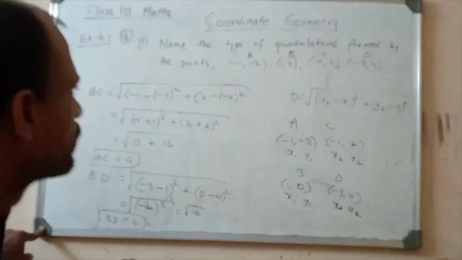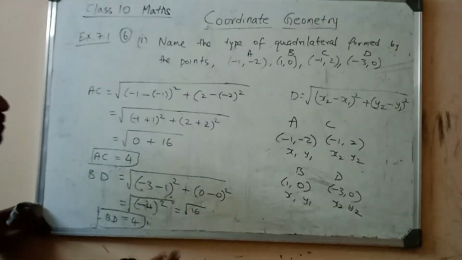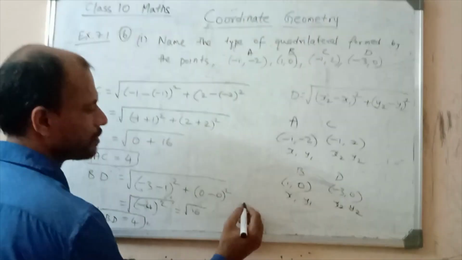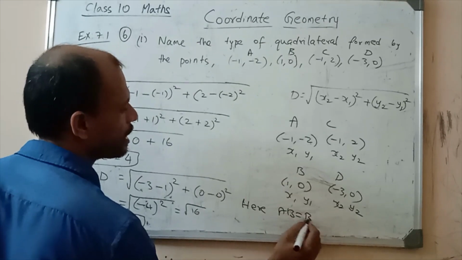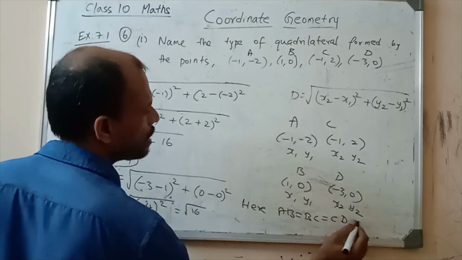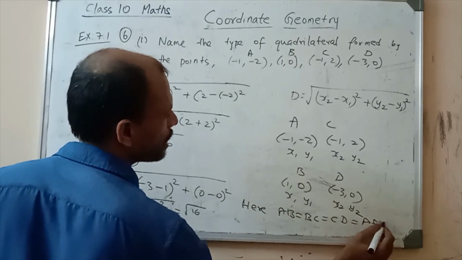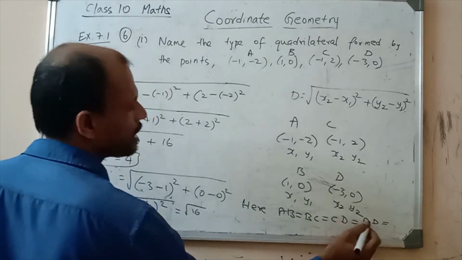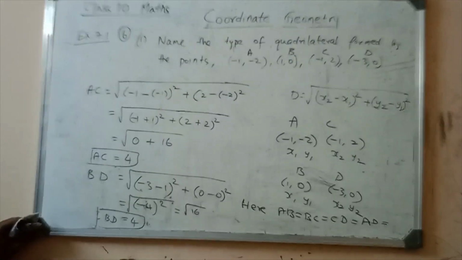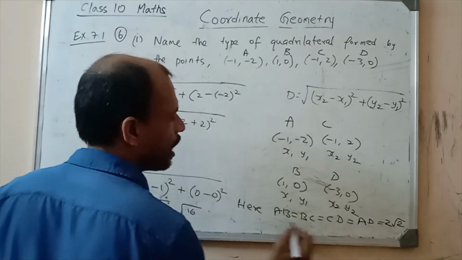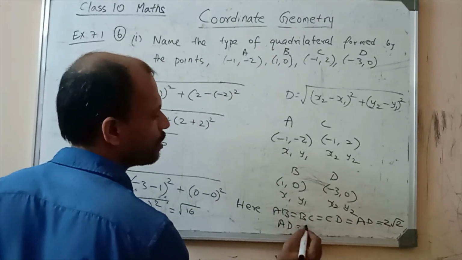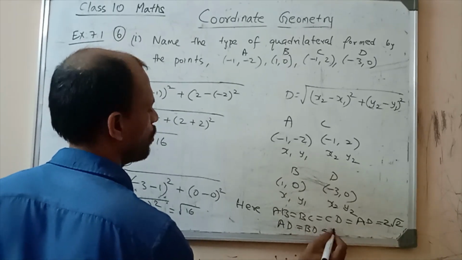Now let us see, we got that here AB equal to BC equal to CD is equal to AD. What is it? AB, BC, CD, AD all are equal to 2 root 2. And then diagonals AC is equal to BD is equal to 4.